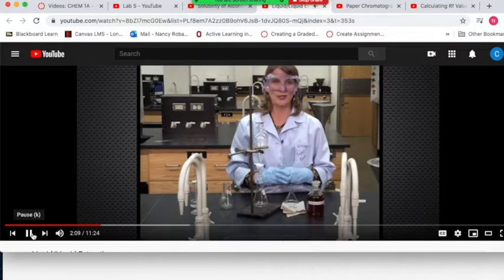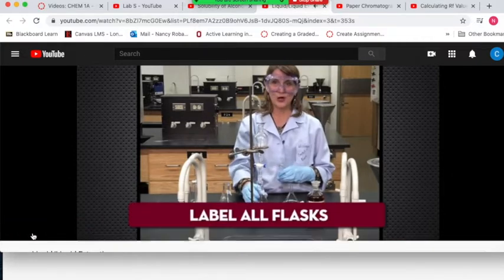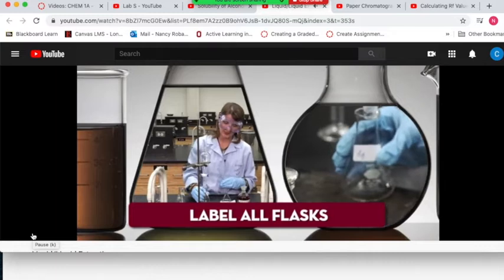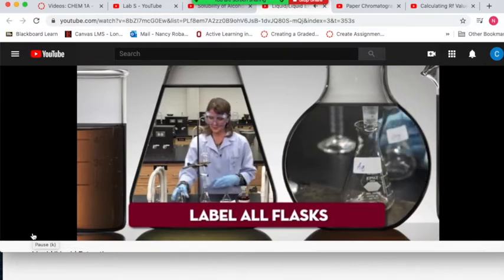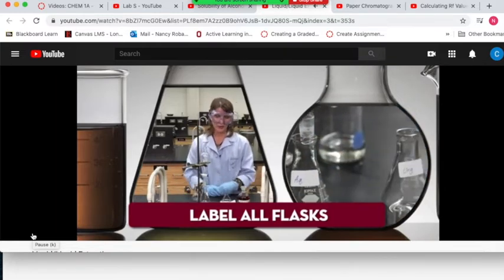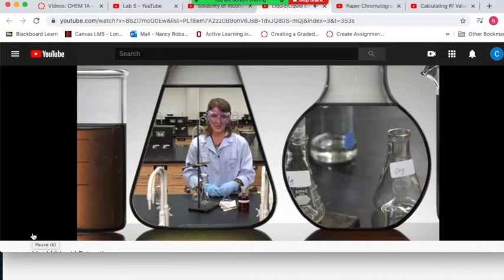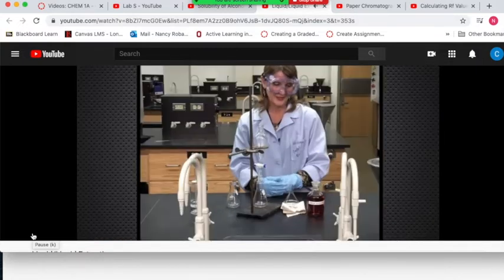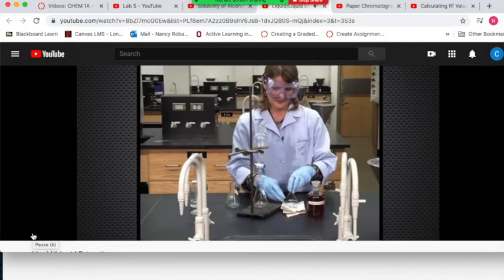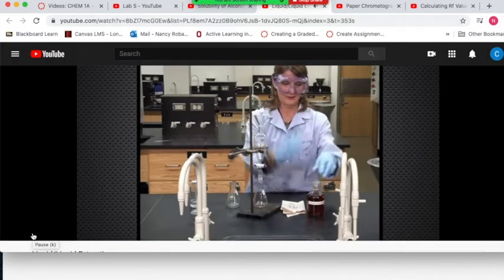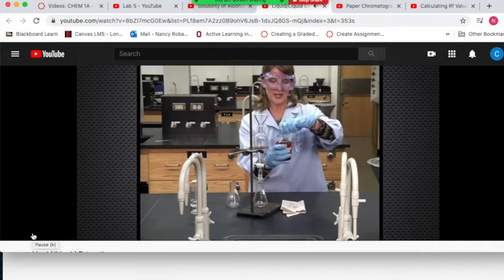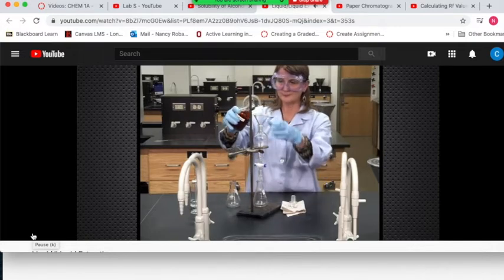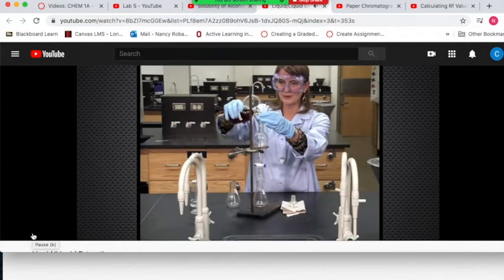Something valuable gets thrown away, you should label all of your phases. So you can see here I have the aqueous phase labeled, and I'll have an organic phase that is labeled. Again, don't throw anything away until your product is isolated. All right. I'm going to add some of the iodine in the water to the separatory funnel.